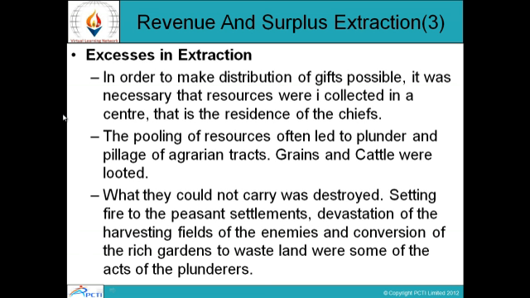Setting fire to the peasant settlements, devastation of the harvesting fields of the enemies, and conversion of the rich gardens to wasteland were some of the acts of the plunderers. So the plunderers did all these things, and it was necessary that resources were collected in the center. There was plundering which used to happen of the enemies. Their gardens were put to waste, and fire was set to the peasant settlements.